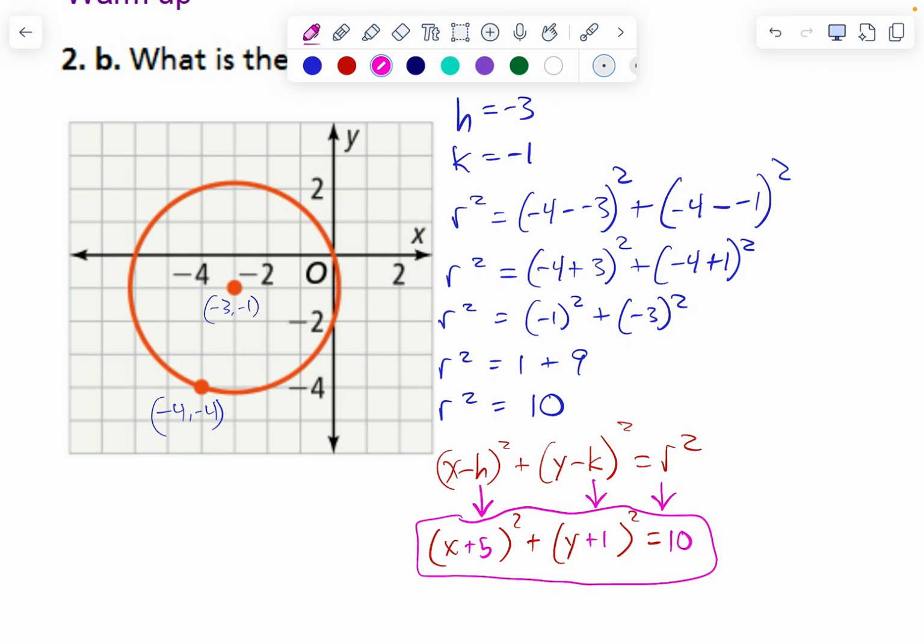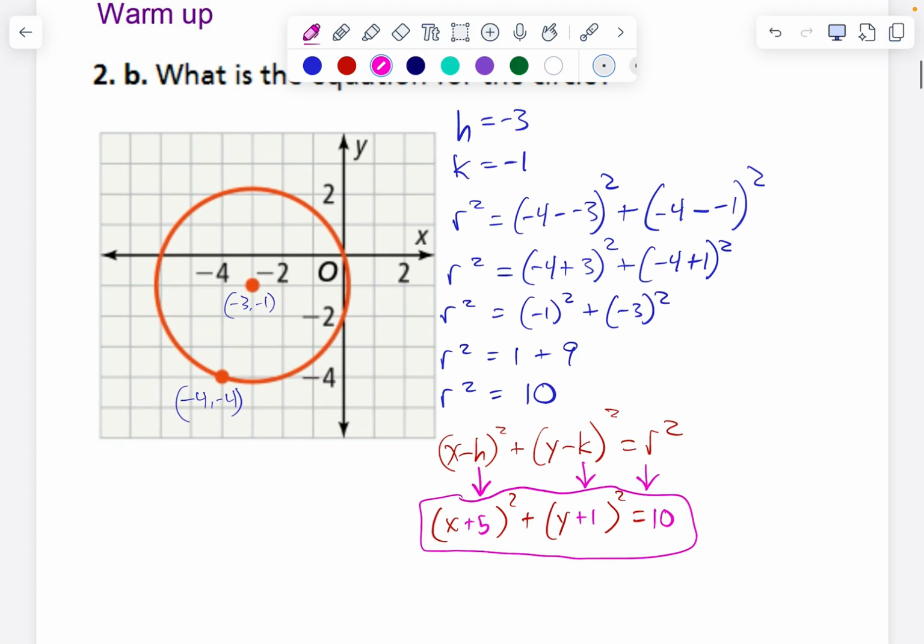I guess we'll just sit here until you figure it out. Not sure what we're missing. It says r squared is 10. So what's the radius? Say it. It's the square root of 10, right? How do we get r by itself if we have r squared equals 10? Okay?